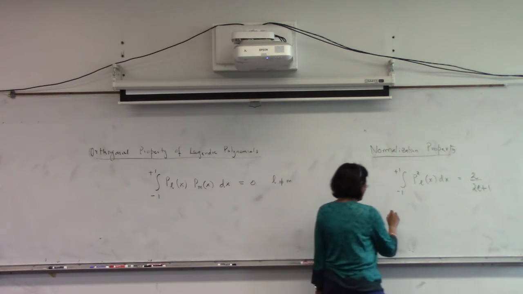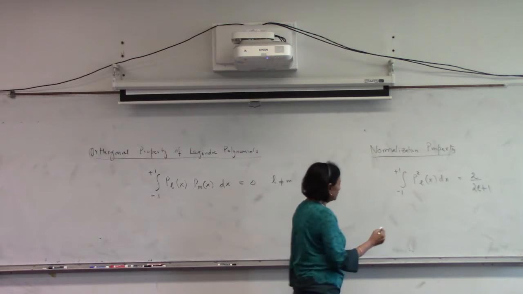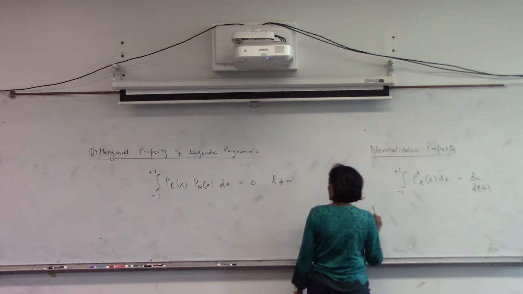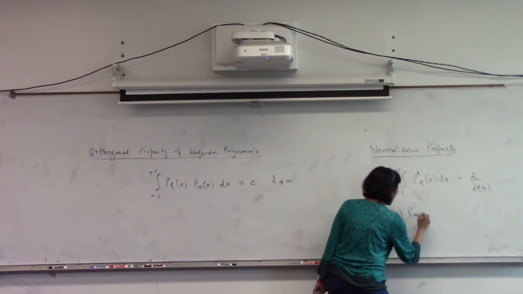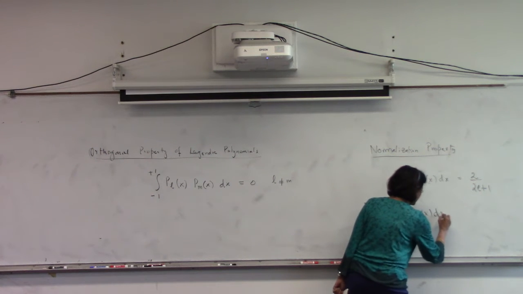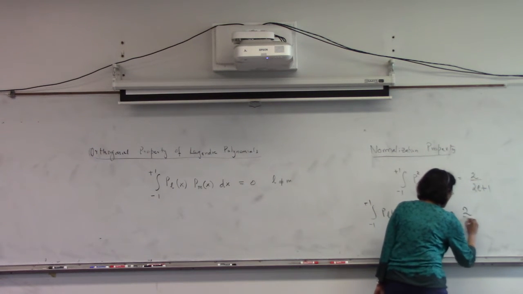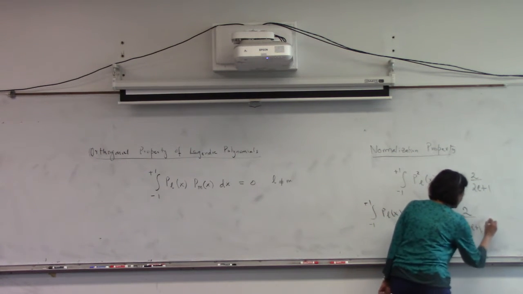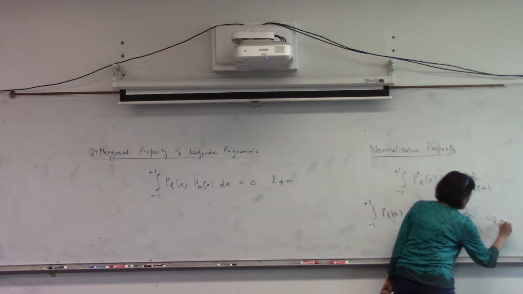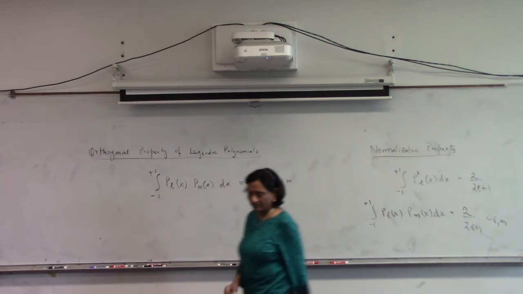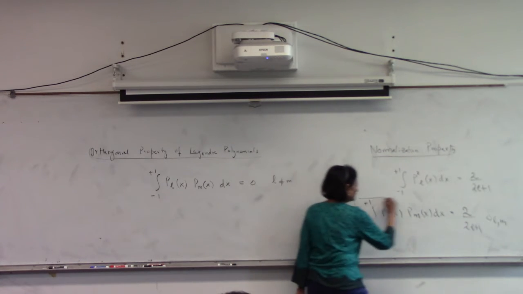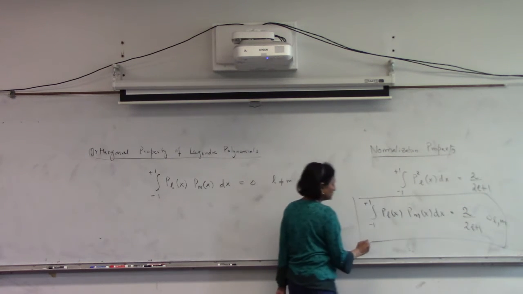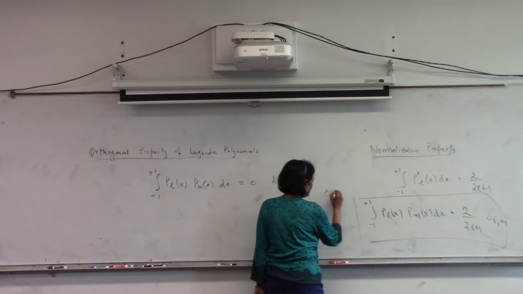It's called the orthonormality property: the integral from -1 to +1 of PL(x) PM(x) dx is 2 over 2L plus 1 times delta L comma M. We can combine the two into one relationship, which will be called the orthonormal property.